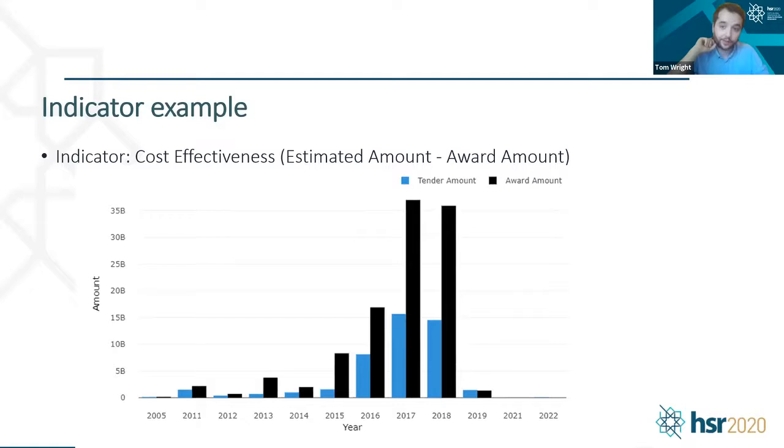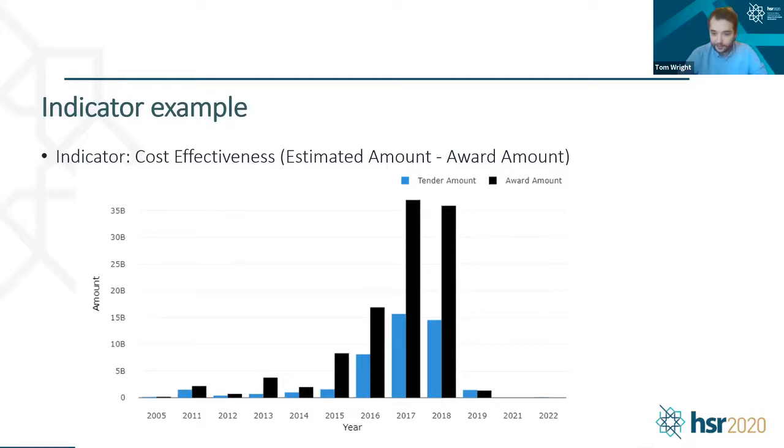This comes directly from their online procurement system. And this indicator is an example of how you can check the cost efficiency side of procurement. So this indicator may not provide any insights into corruption risk, but it does provide quite an easy to understand snapshot analysis of a particular procurement system, in this case, the UK.